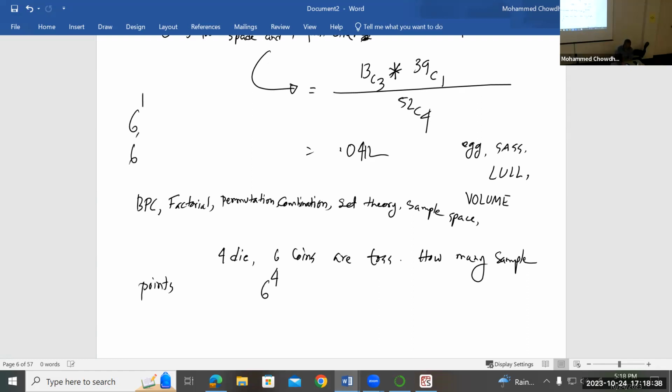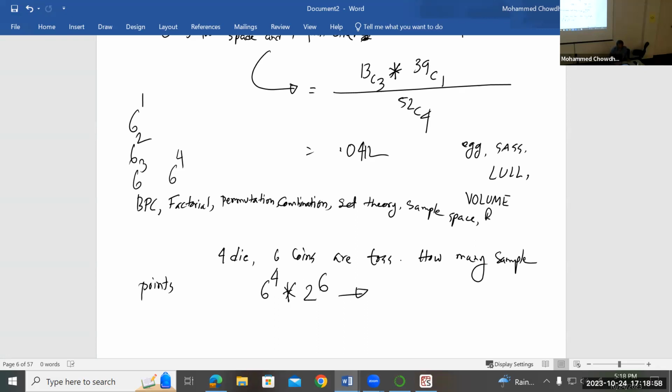Two dice, that many sample points. Three dice, that many. Four dice, that many sample points, right? Times how many coins? Six coins, 2 to the power 6. That is the problem I solved. Take a look at that one. So, sample space, sample points.